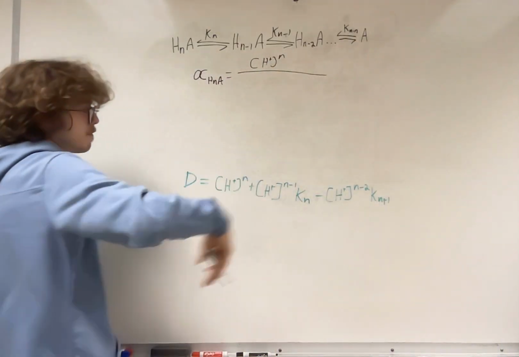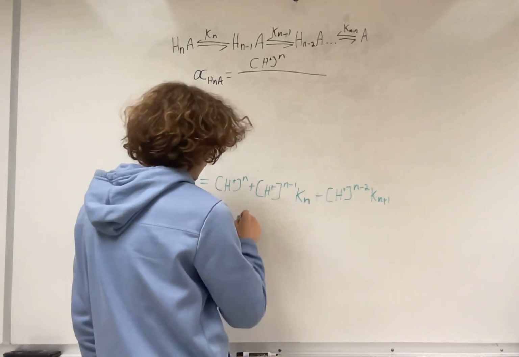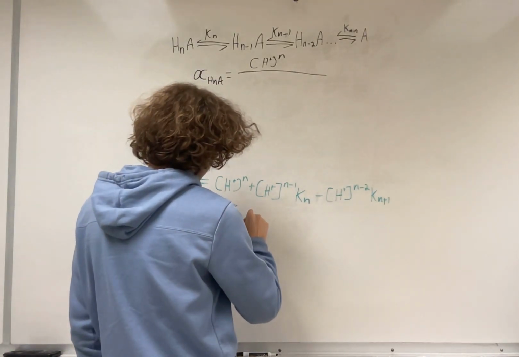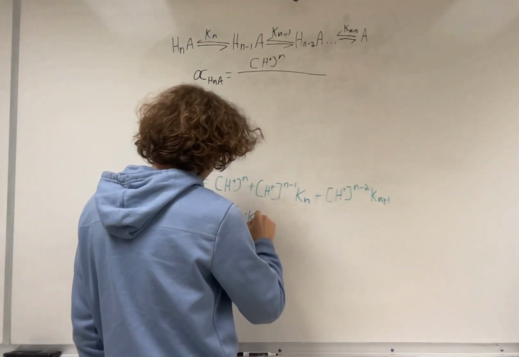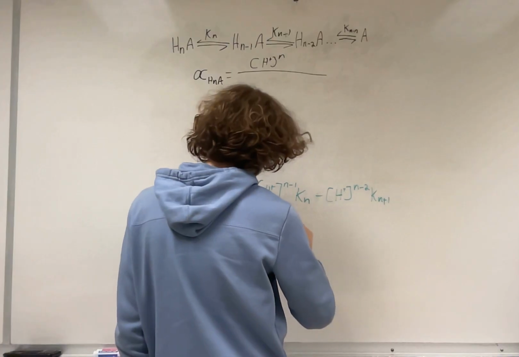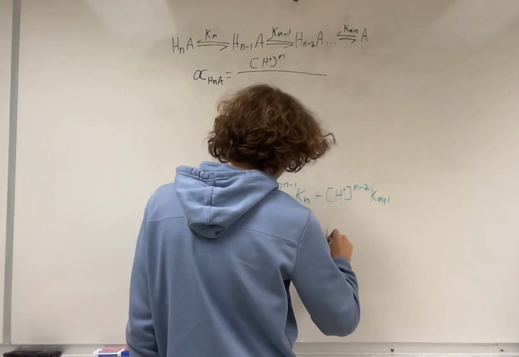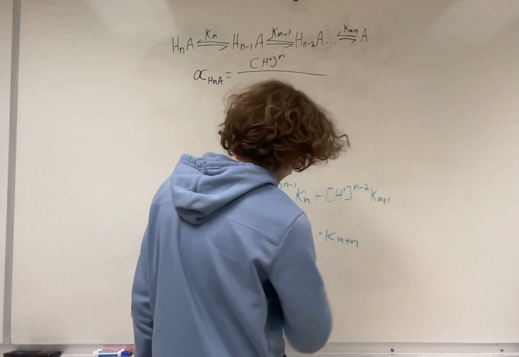And then you would keep going forever, and then you'd get to Kn times Kn+1 times Kn+2 dot dot dot times Kn+n.